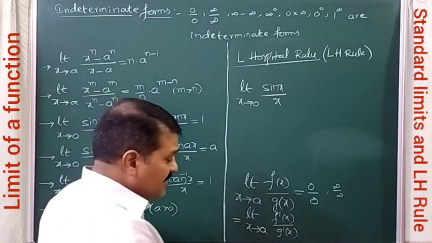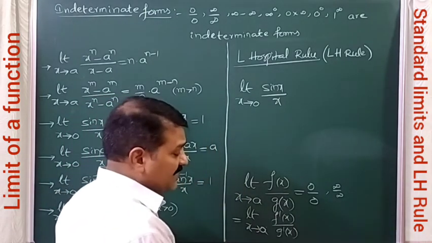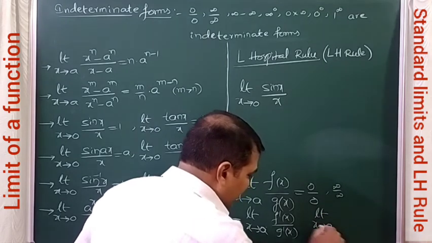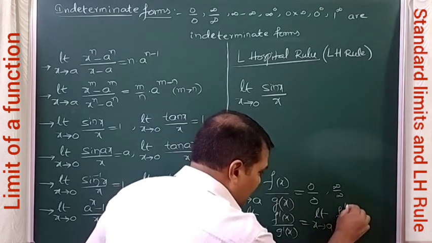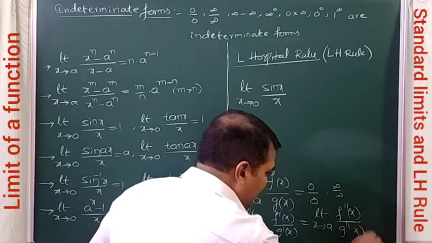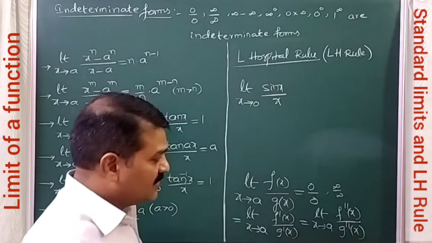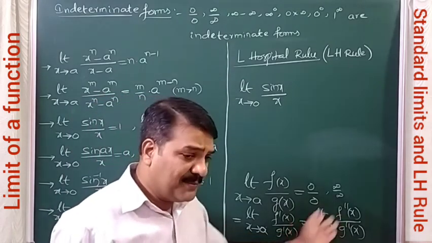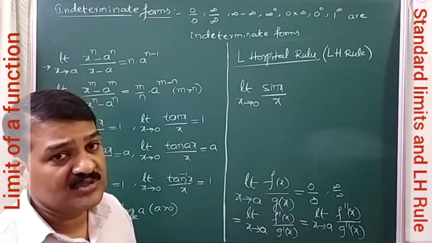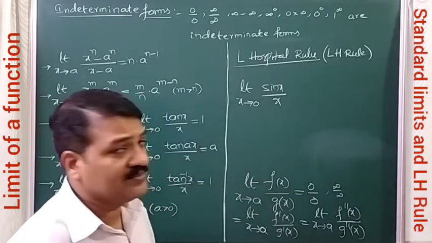That means if this is not a finite limit, then you can write this limit as limit x tends to a, f double dash of x by g double dash of x, the second derivatives. Now if this is a finite limit, apply it. That process you can continue.